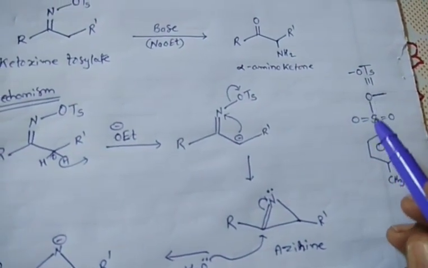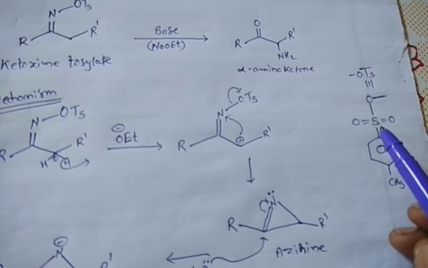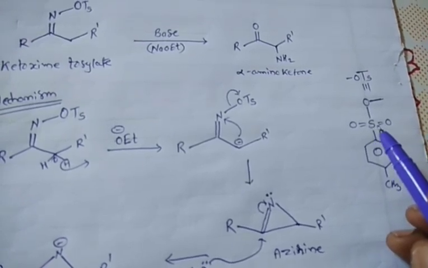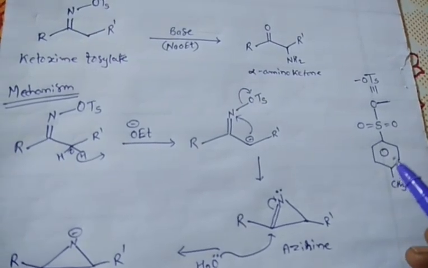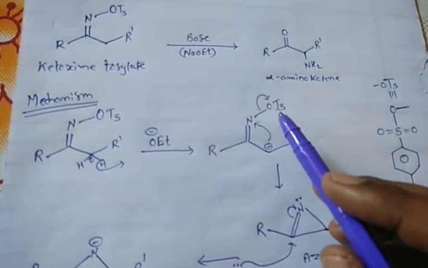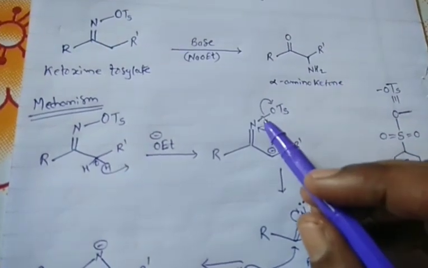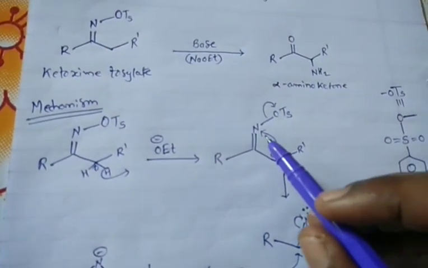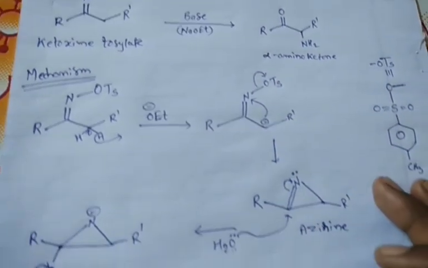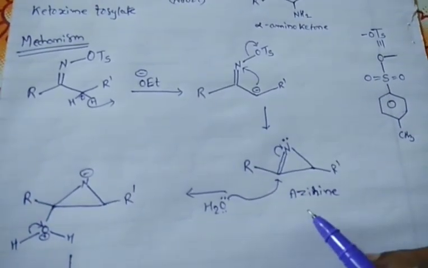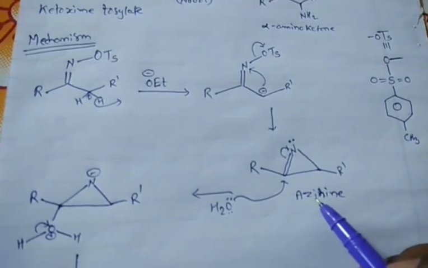O, sulfur double bond O, and this benzene ring. Now this is a very good leaving group, and it will be removed when this attack of the negative charge takes place, and we will have such a type of intermediate, called an azirine.